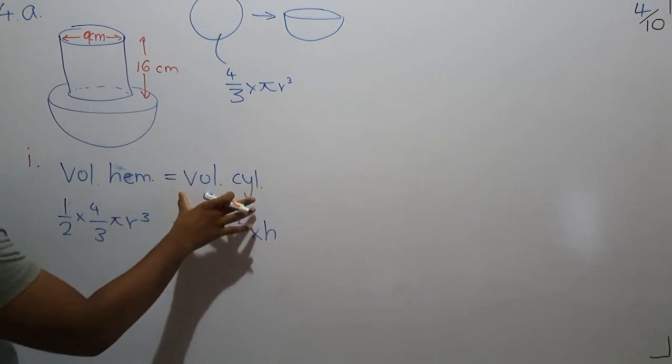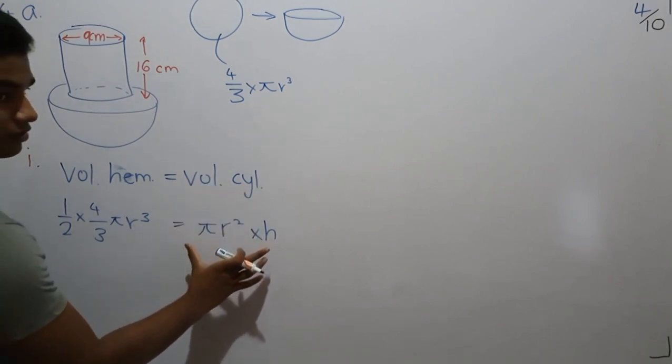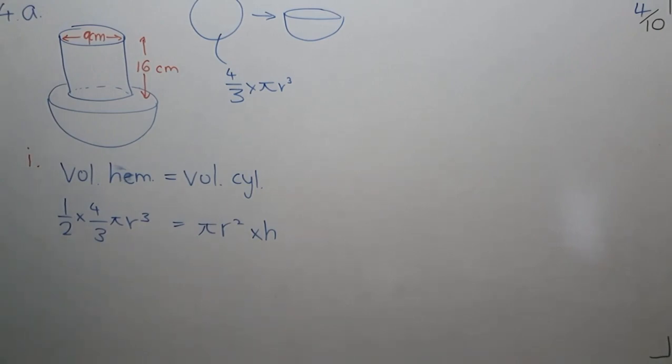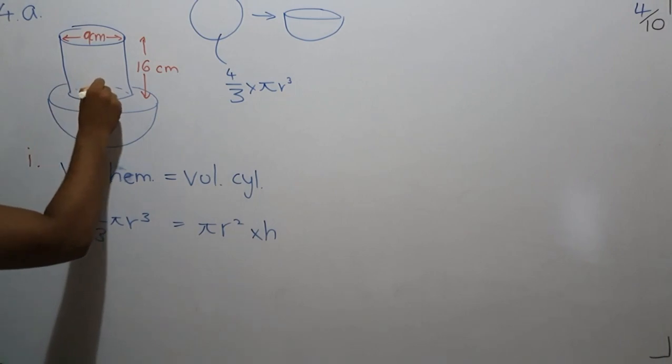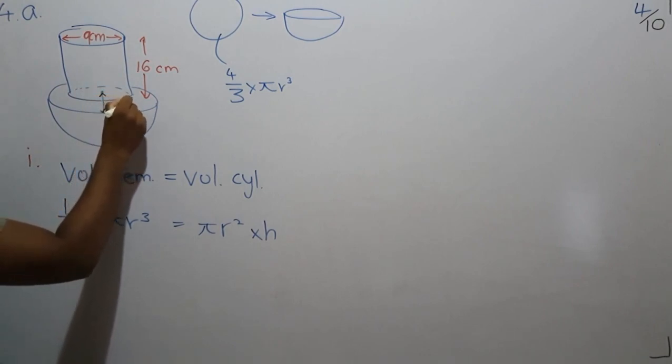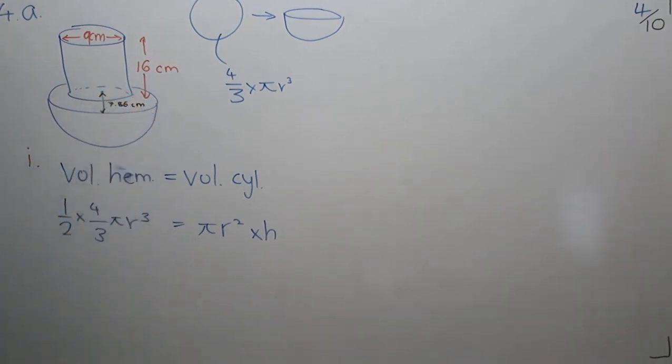So these are the two equations to calculate the volume of a cylinder and hemisphere. So show that the radius of the hemisphere is 7.86, correct to 2 decimal places. So the question is to show this length is 7.86 centimeters. That's our question.